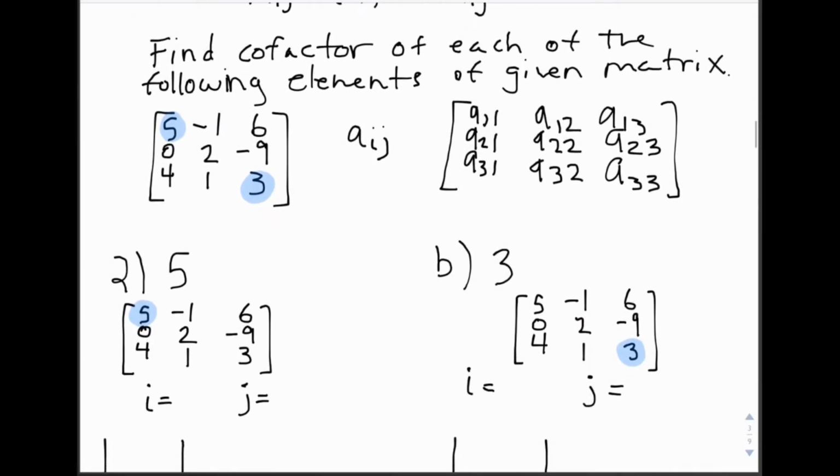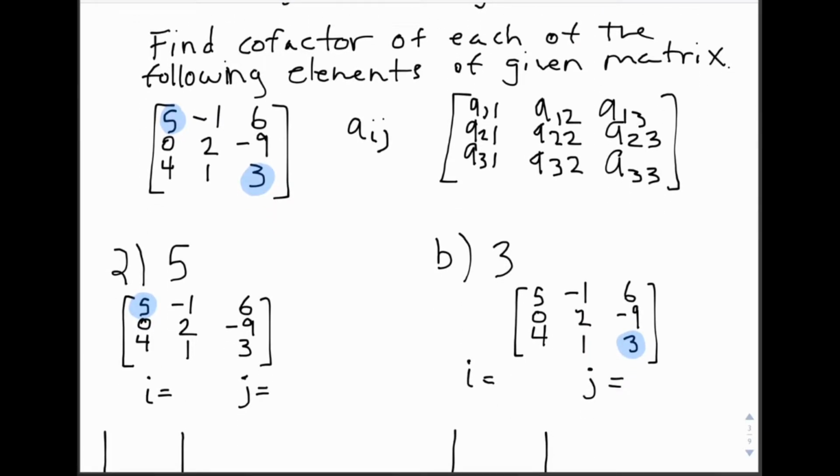Our given matrix here is going to be these elements over here to the left. Just for reference, we have our Aij matrix here, so we can figure out which row and column we need to eliminate to find our minor. If we wanted to find the cofactor of 5, let's do so. Notice how in this case we would have an i of 1 and a j of 1.